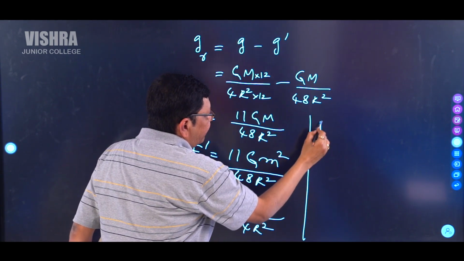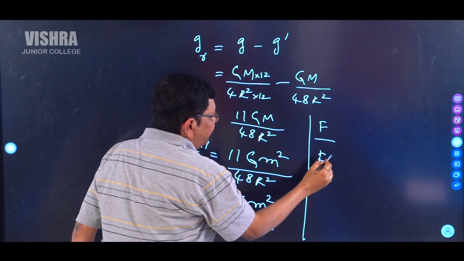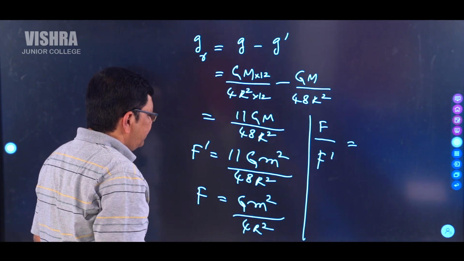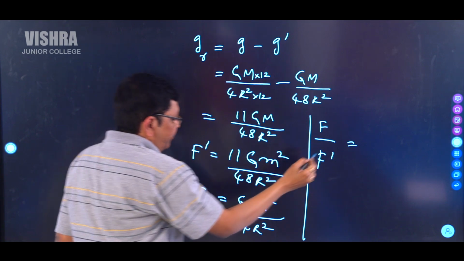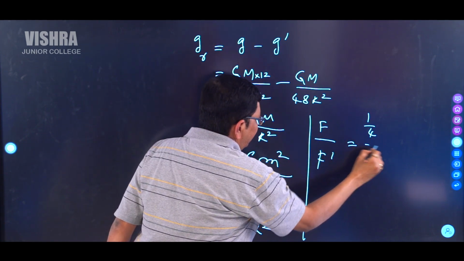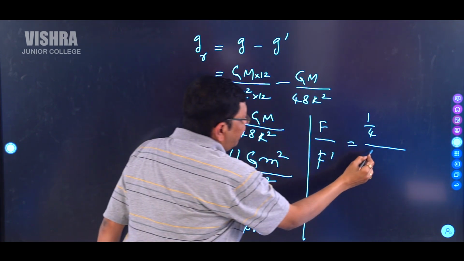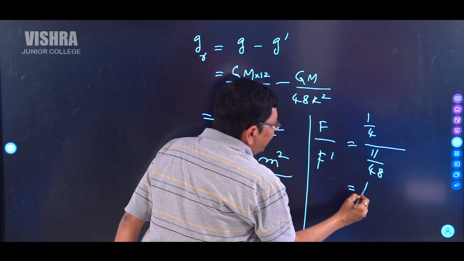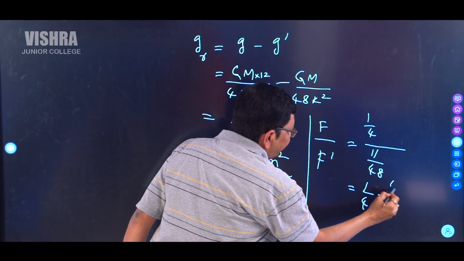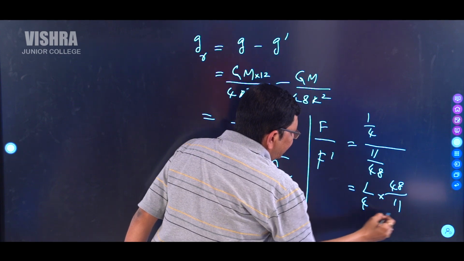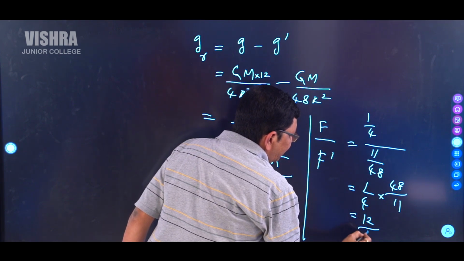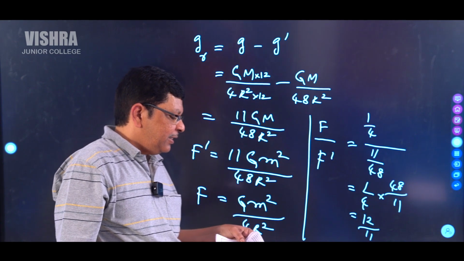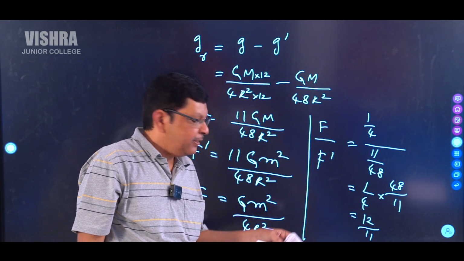So F upon F dash, Gm square by R square we can cancel, and the remaining in the numerator is 1 by 4 and in the denominator is 11 upon 48. So the answer will be 1 by 4 multiplied by 48 upon 11, that is 12 to 11 we are getting. So the option is asked in reverse. 11, okay, 12 is to 11 is given.